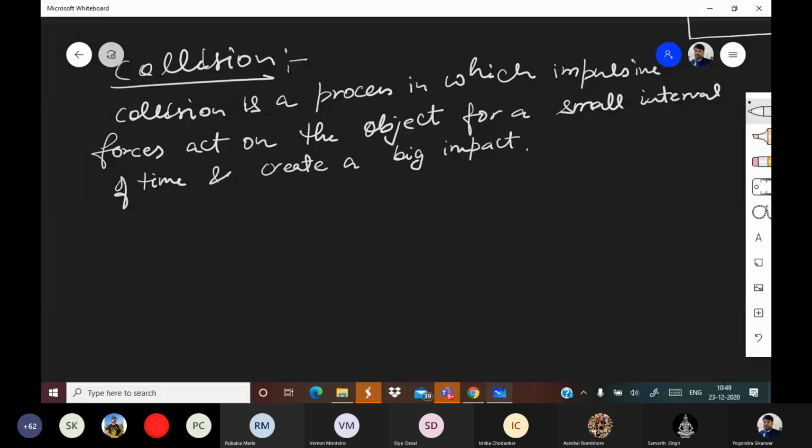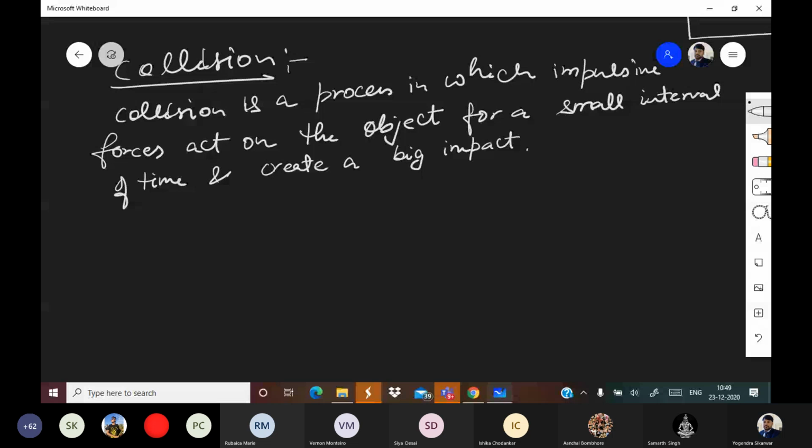As you are slapping with your hand, the changes made will be temporary, like those marks will be gone after a few minutes. But if you do it by some stick or something, then that effect can remain for a longer time also. That person might get plaster also. The point to be noted is all of these are examples of collision.